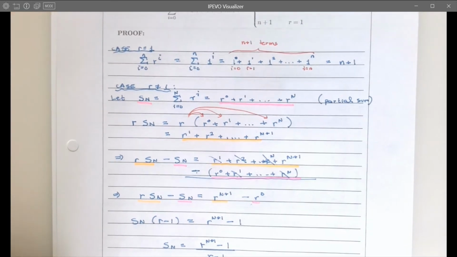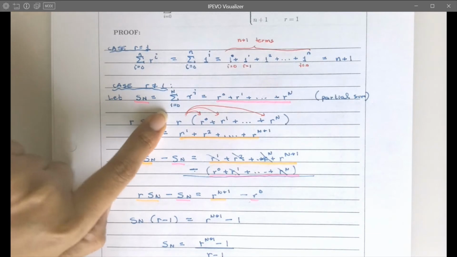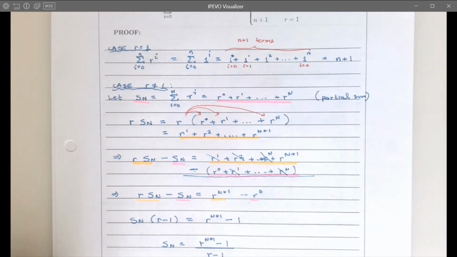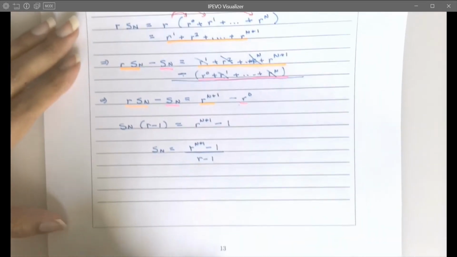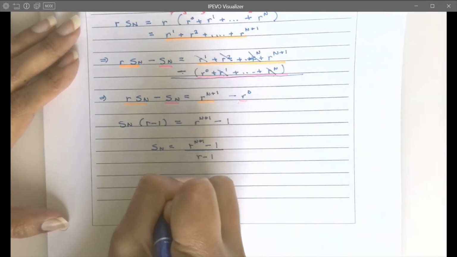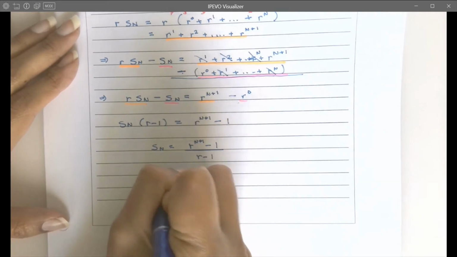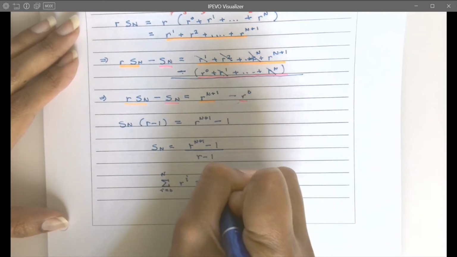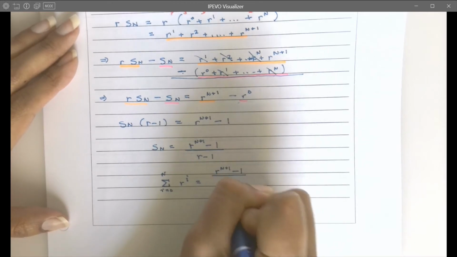Okay, now what did Sn represent? Sn was this partial sum, i equals 0 to n of r to the i. So technically what we have then is the sum i equals 0 to n of r to the i is equal to r to the n plus 1 minus 1 all over r minus 1.